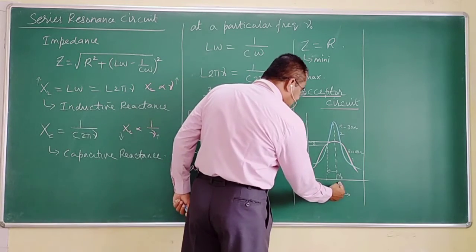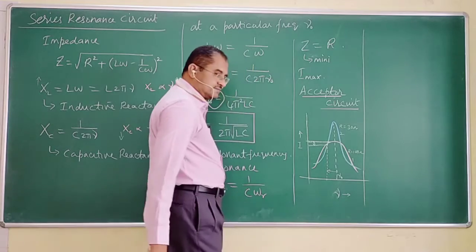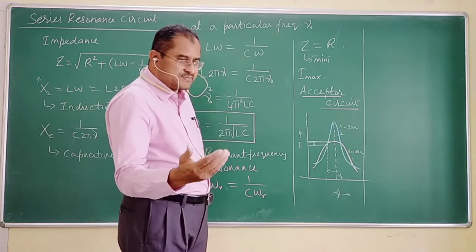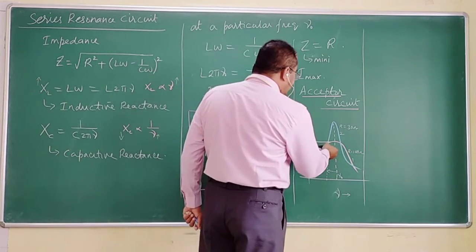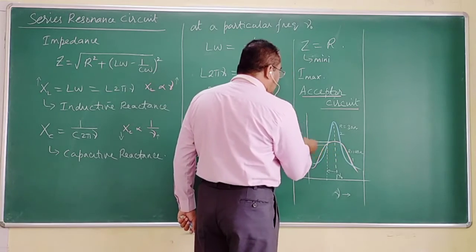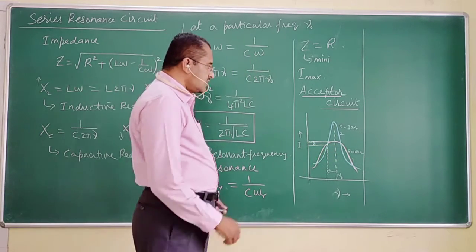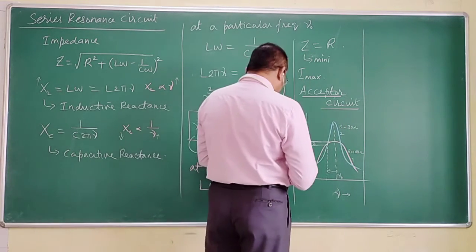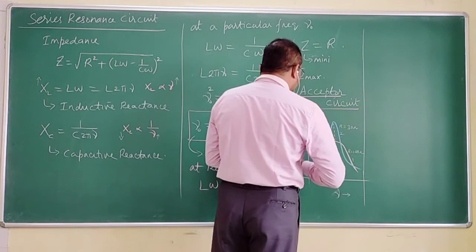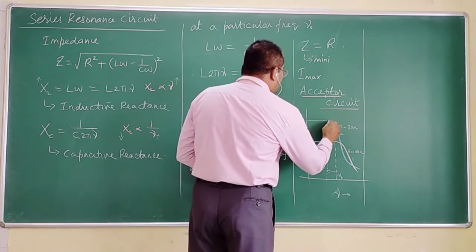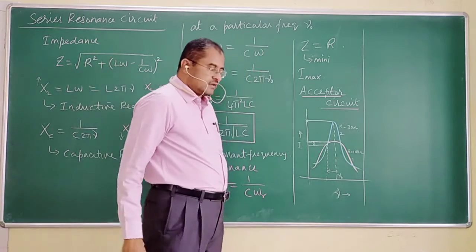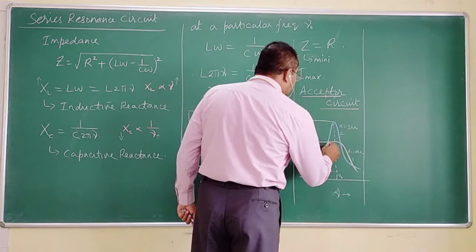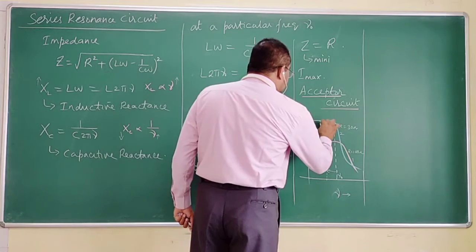If I deviate a little from the resonant frequency, definitely there must be a change in the current, but the change in the value of current I find is very small. However, if I take curve 2, this point corresponds to maximum current. For the same deviation, you find the current variation is large.